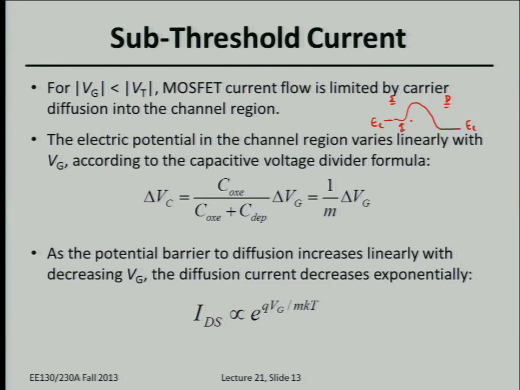But if the gate voltage is 0, then the semiconductor underneath the gate electrode is actually kind of p-type, or it's depleted p-type material. So basically, there's a potential barrier for carriers to flow from the source into the channel region. Once they get into this channel region, then you have an electric field that allows them to drift to the drain.